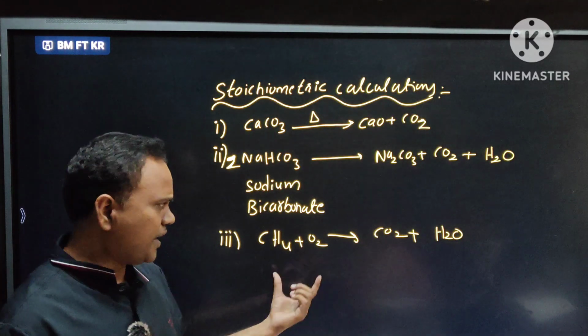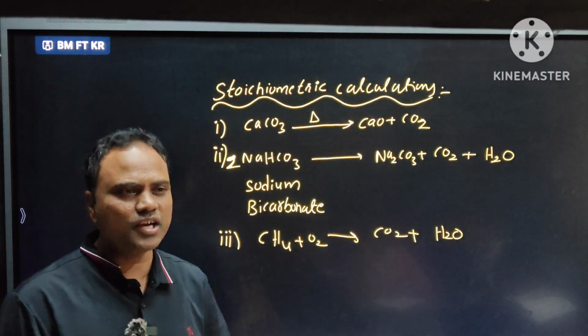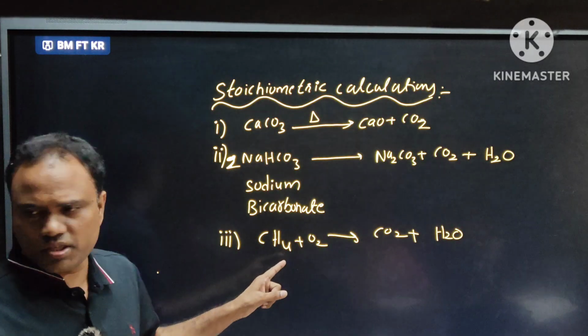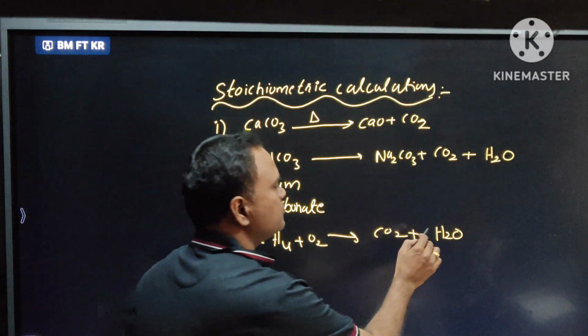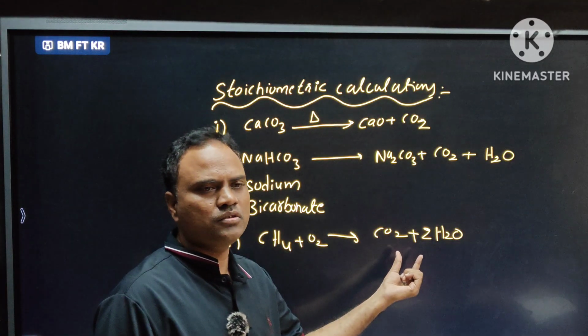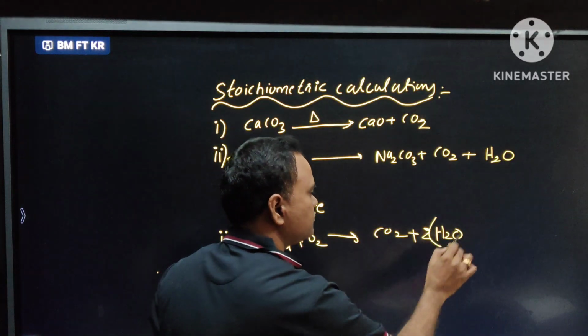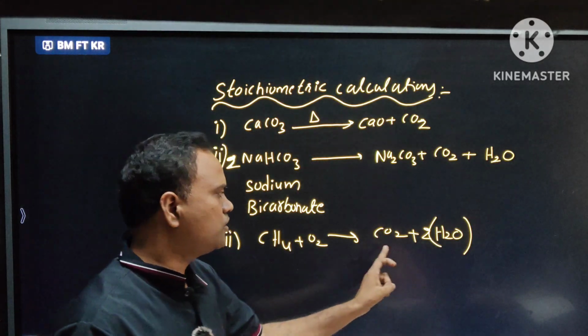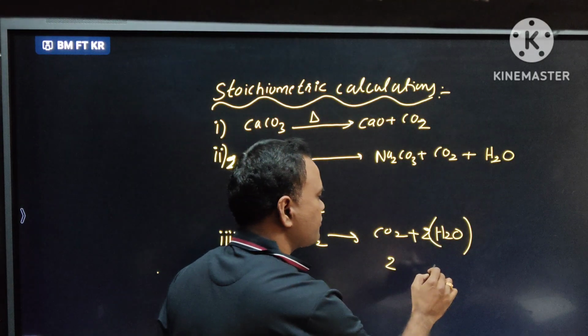Now balancing, that's why I asked random balancing. I think everyone knows the random balancing method. Here how many hydrogens are there? 4. So keep 2 here. This side how many oxygens are there? 2 here, 2 here.